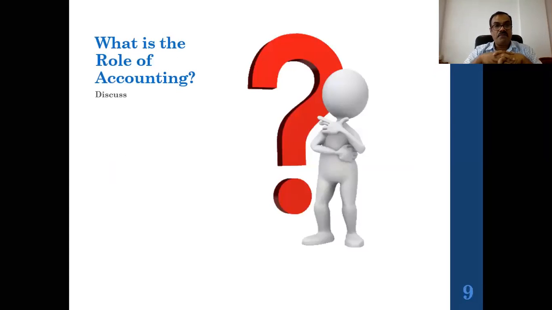Okay, now we have asked a question: what is the role of accounting? This is in general. Why do we need accounting? What does accounting do? In two branches, even in general, you can talk about this.